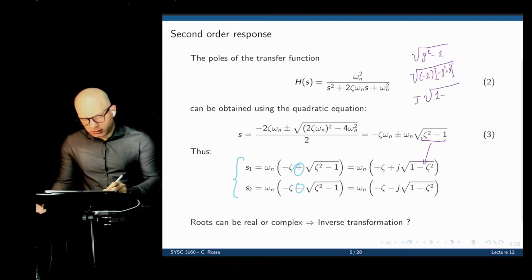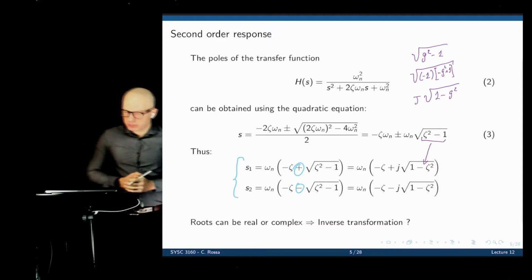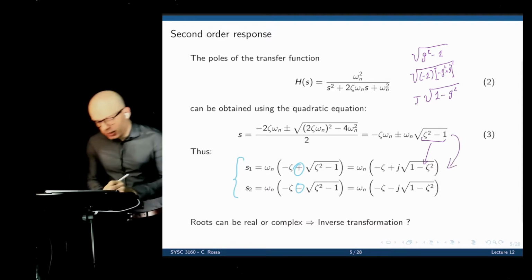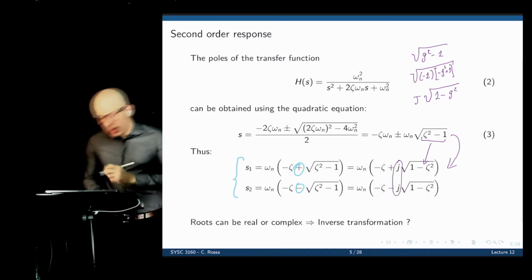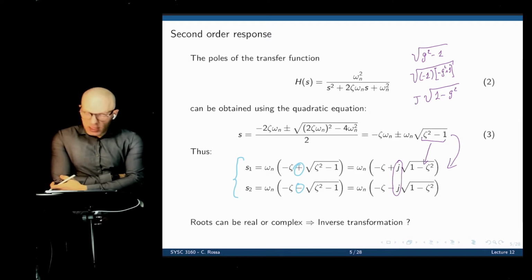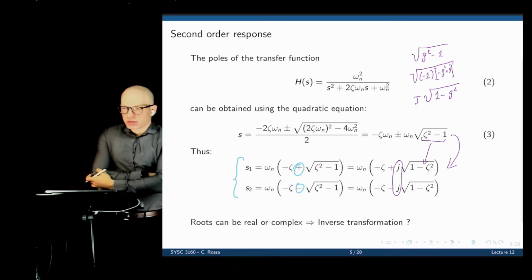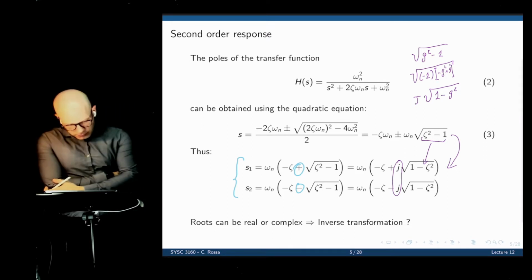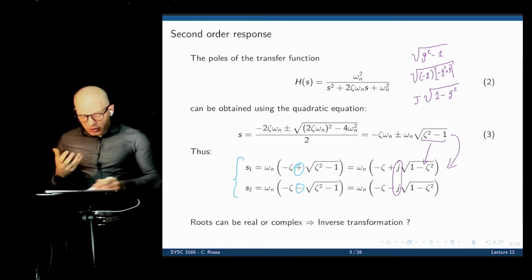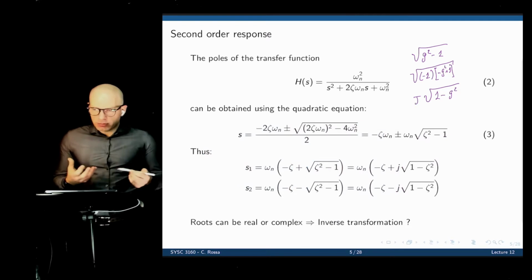Okay, so just a small manipulation here. The reason being is that I can clearly show that we may have an imaginary component in the time response now. Okay, so two roots that may or may not have imaginary components.